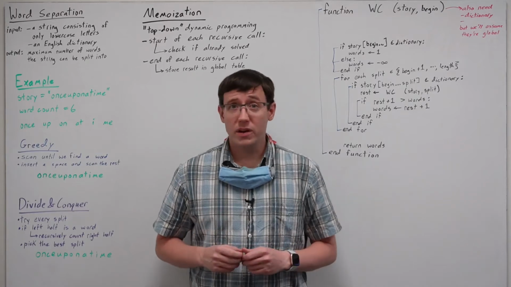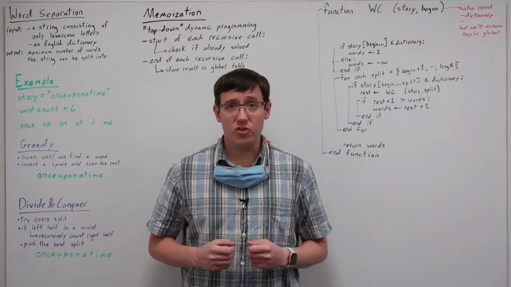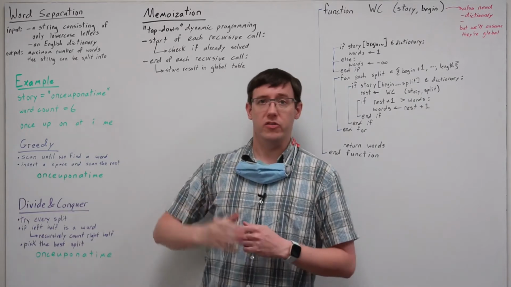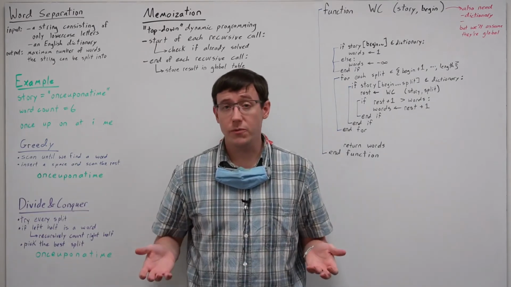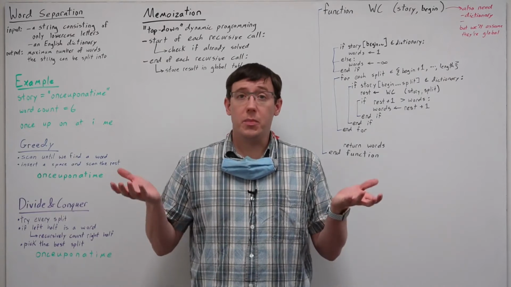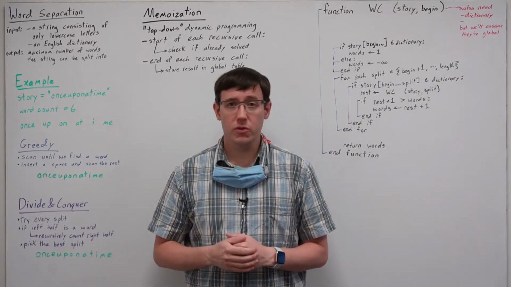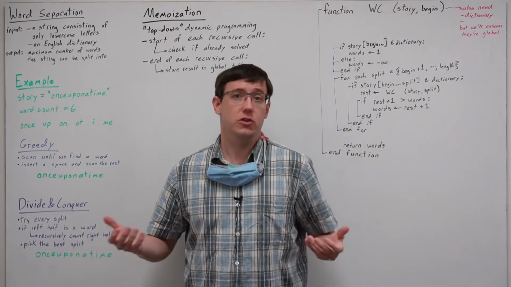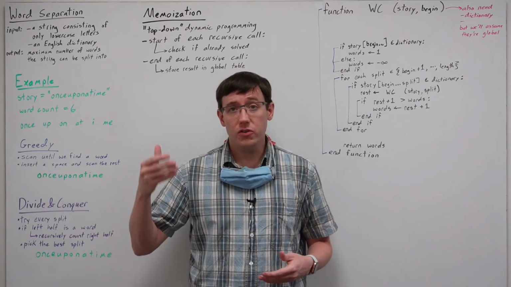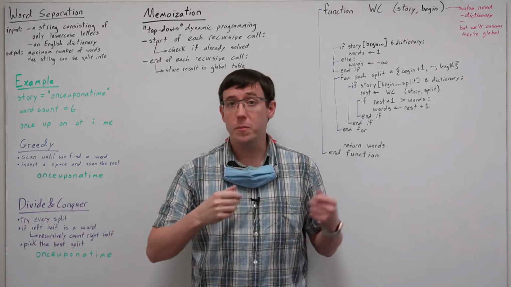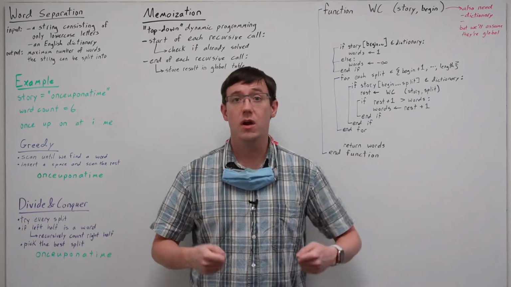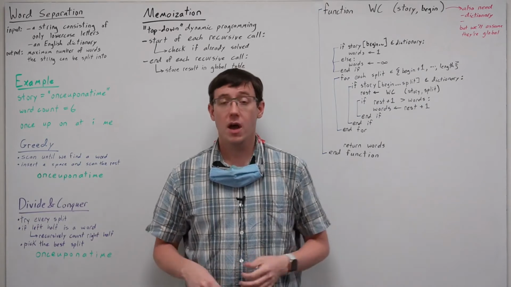In this video, I want to demonstrate the memoization algorithm design technique by applying it to the word separation problem. Last time we focused on bottom-up dynamic programming algorithms, where we solved a sequence of increasingly larger subproblems. And when solving larger subproblems, we could make use of the fact that we had already computed the optimal value for smaller ones.